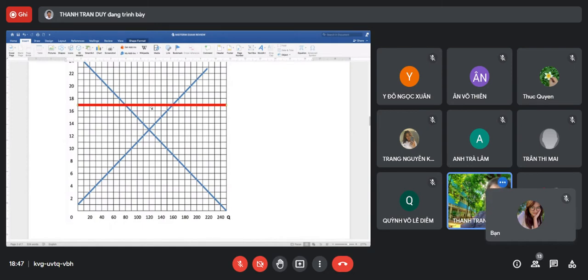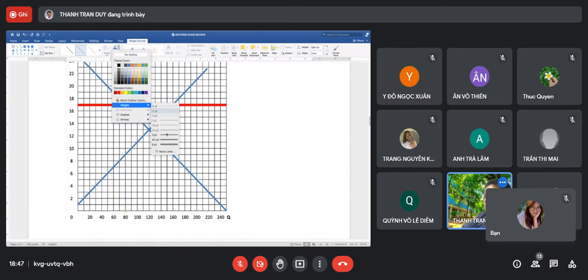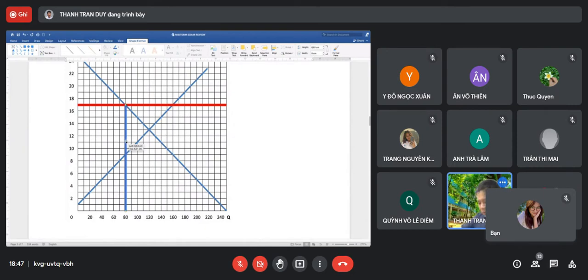Why? Because with this high price, the consumer is willing and able to buy this quantity only. And even though the seller is willing and able to sell this quantity, the buyer is willing and able to buy only this one.